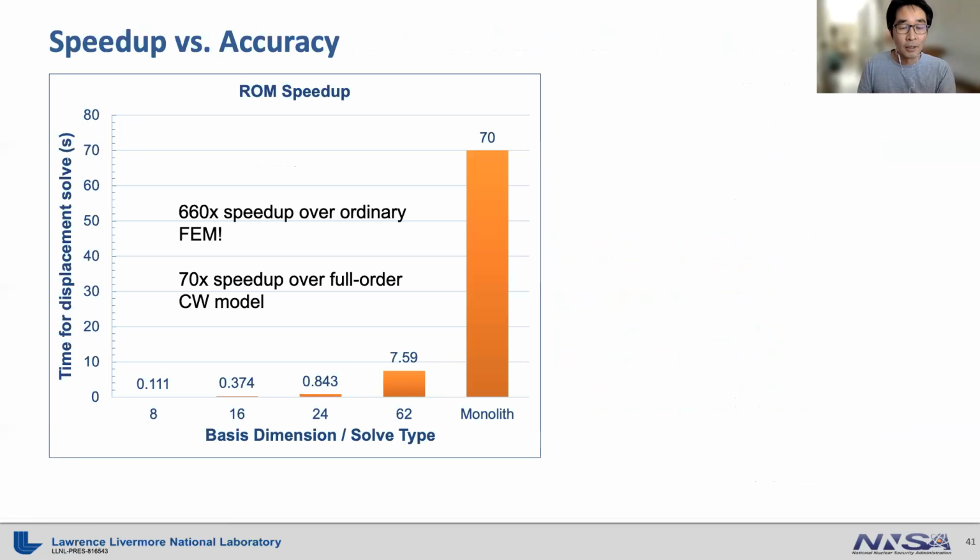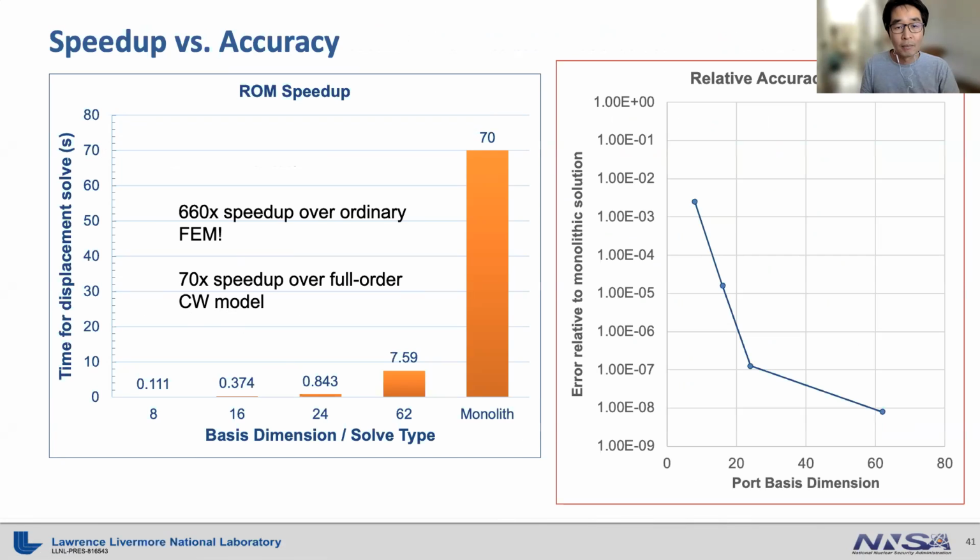And if we use the static condensation type of the component-wise reduced model without reducing the degrees of freedom at the ports, then we still get a 70 times speed up, and the accuracy can be tunable as you increase the reduced basis dimensions, and the accuracy increases exponentially, and so on.